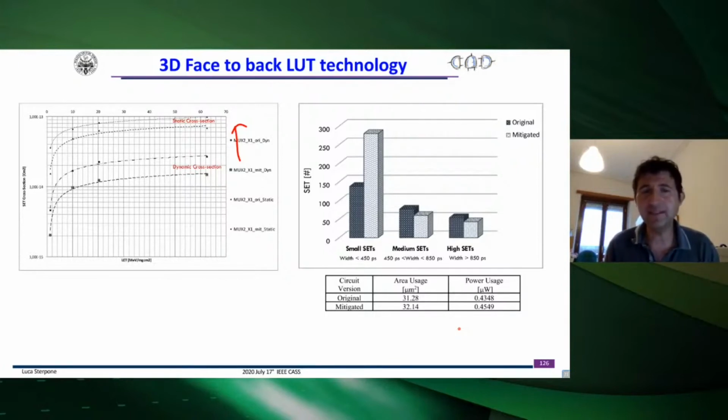But thanks to the performance, there are positions where you can adopt them, especially when the flux is not so intense. So you can adopt scrubbing with good frequency and TMR in order to protect them. So the main application domains after aerospace are the ones related to the radiation facility.